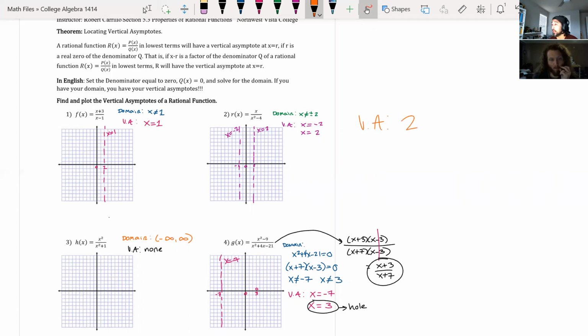That means nothing. 2 is a number. x equals 2 is a line. So don't make that mistake. My math lab will even count you off if you do that. So remember, x equals 2 is an actual line. 2 is just a number. Don't make that mistake.